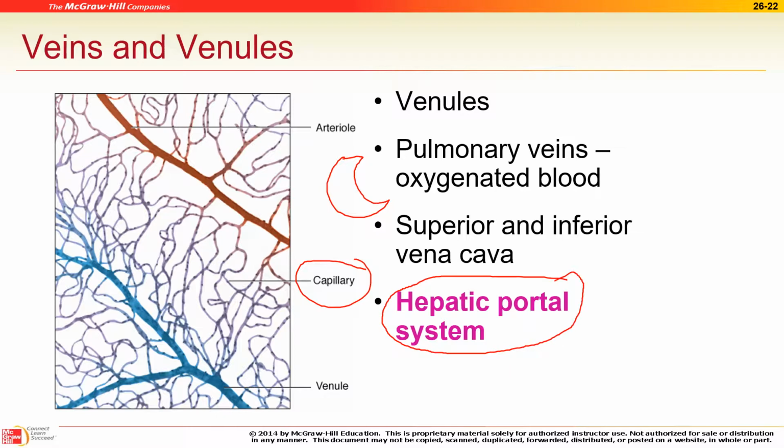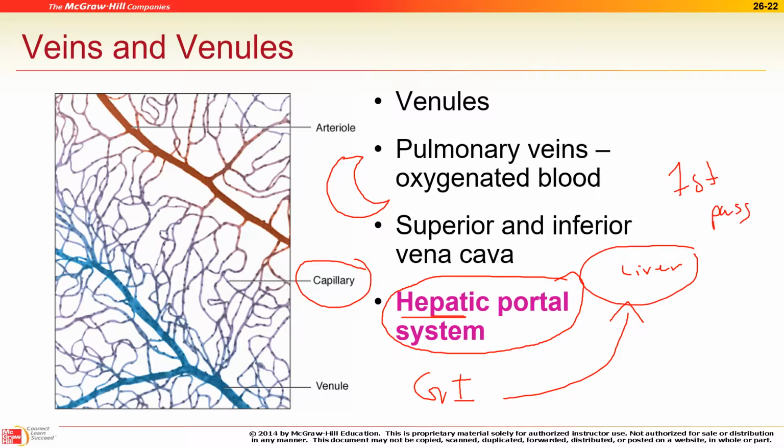Hepatic portal system. So in your digestive system, everything that's broken down is absorbed, enters into the mesentery, and it funnels to the liver. So that's what hepatic is. So this is called first pass metabolism.